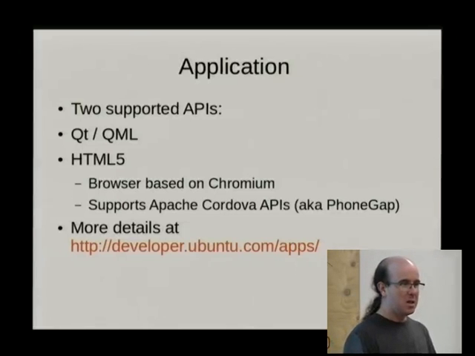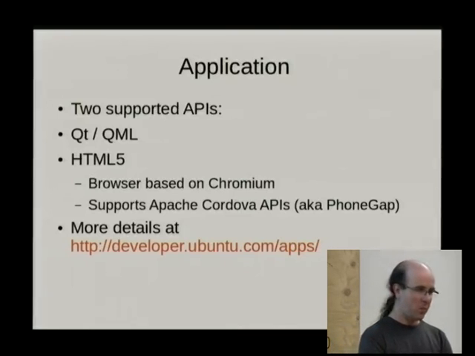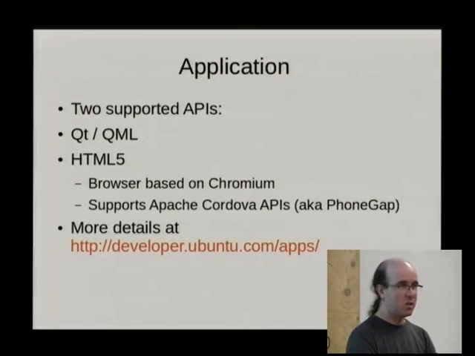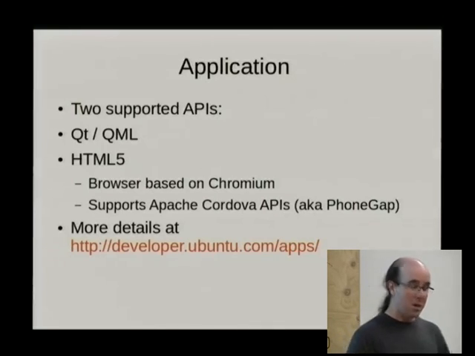So in general, you should pick whichever API is going to make your life easiest. The browser which is used for the HTML, we were originally using Qt's WebKit library, but we're now using one called Oxide, which is built on Google's fork of WebKit for Chromium.